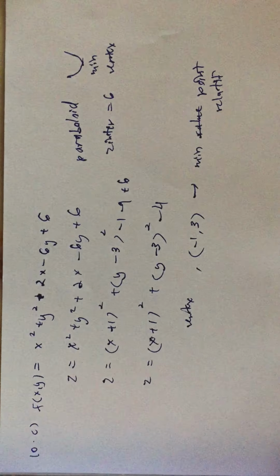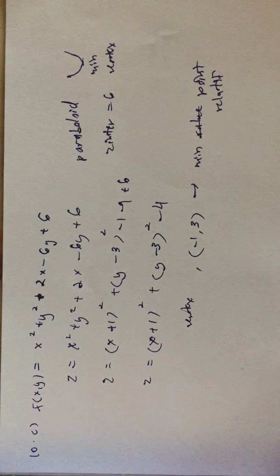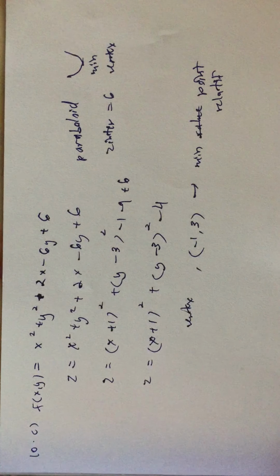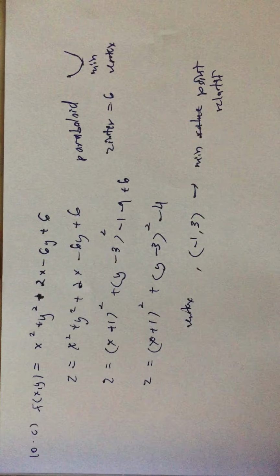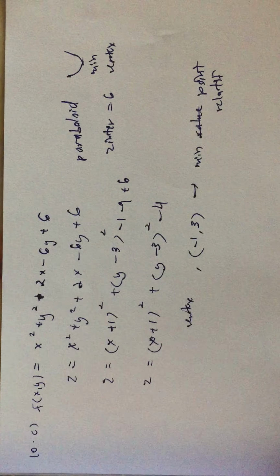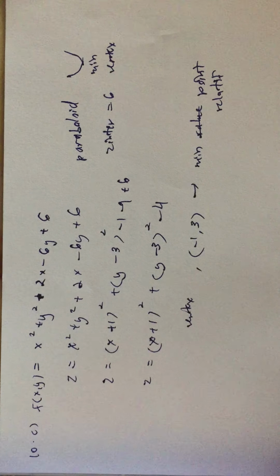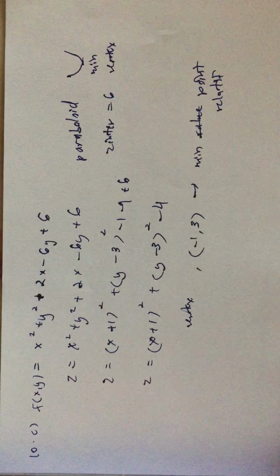Okay. And then next, kita kena calculate fx dengan fy and then kita kena equalskan pada 0 untuk dapatkan value of xy. And then kita kena buat ujian yang menggunakan fxx, fyy, fxy dan juga d.